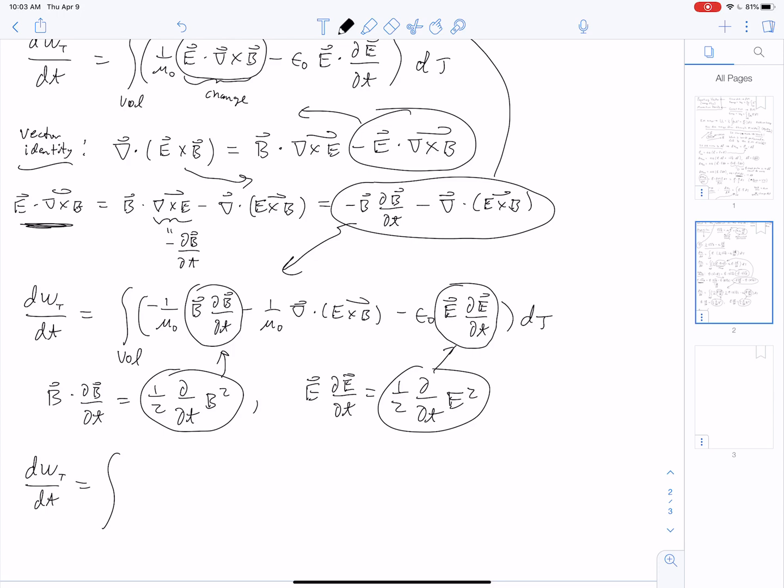So I take that time derivative and I can pull it out, and it's going to be negative d dt of this, and I have those little 1/2 factors, so times 1/2 epsilon naught E squared plus 1 over mu naught B squared.